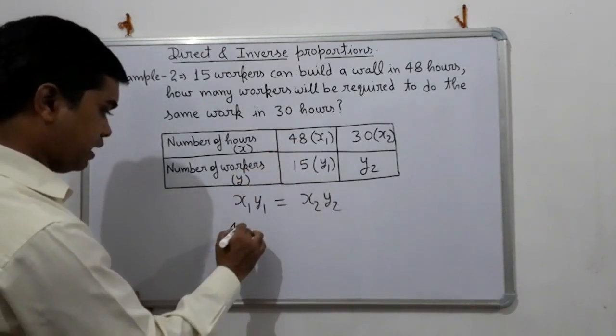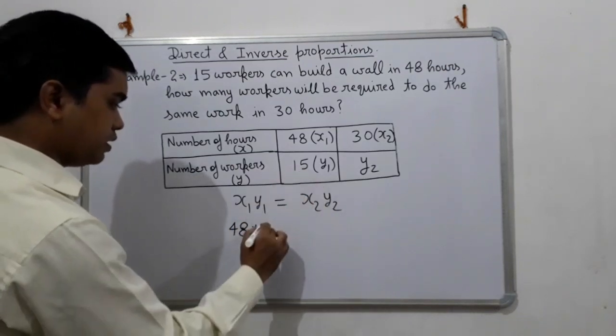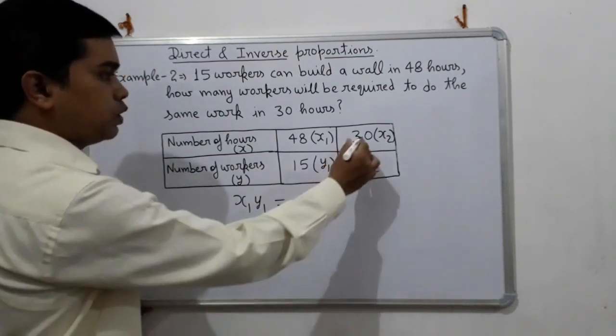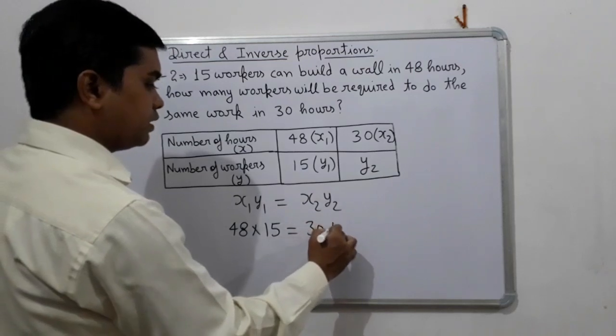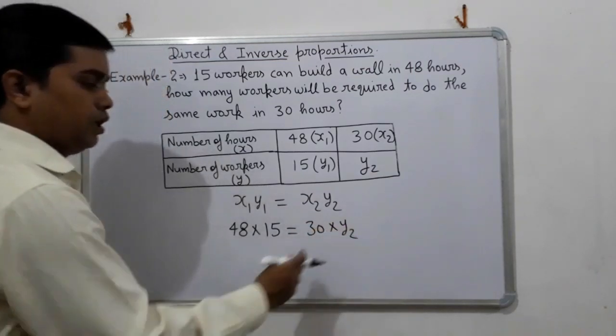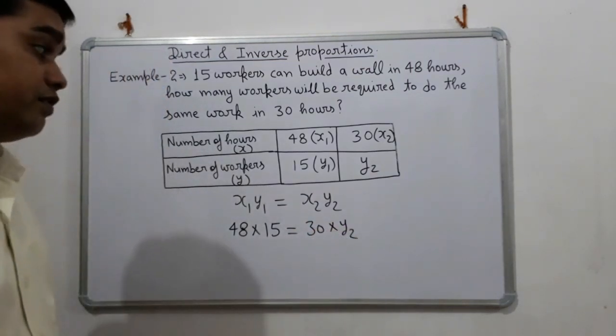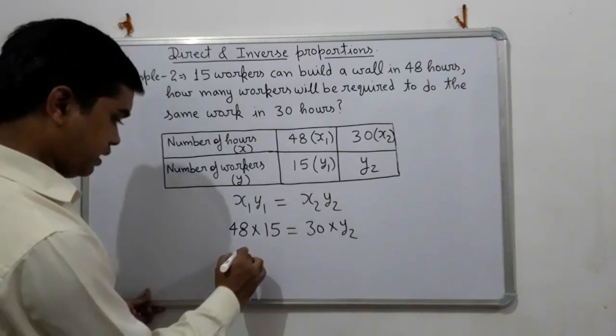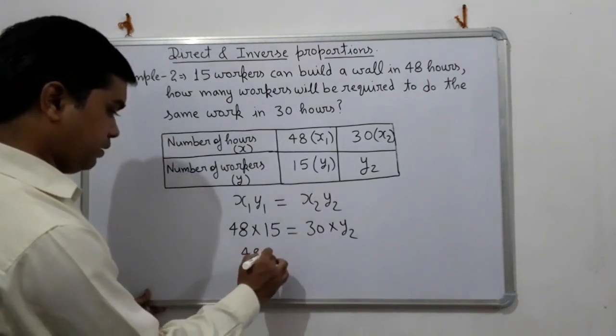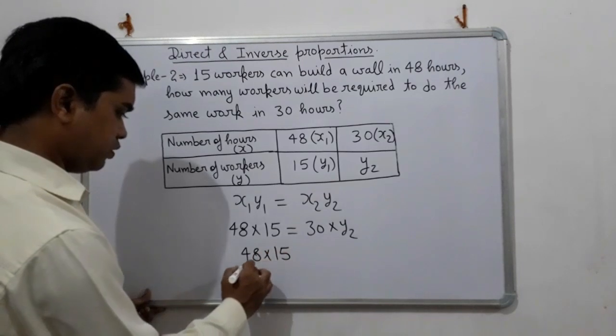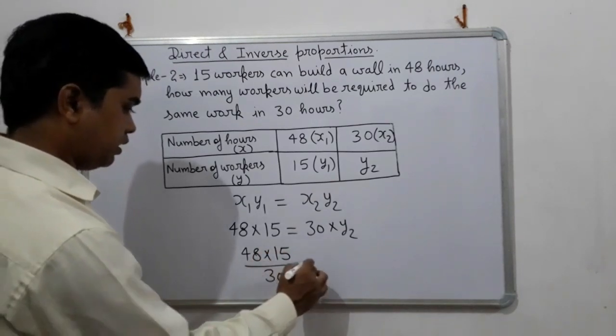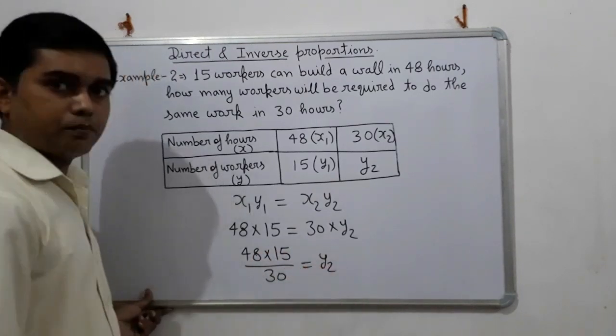x1 is 48 into y1 is 15 is equal to x2 is 30, and this y2 you have to find. So if you want to find the value of y2, then send 30 in left hand side, so it will be 48 into 15 upon 30 is equal to y2. Now simplify this.